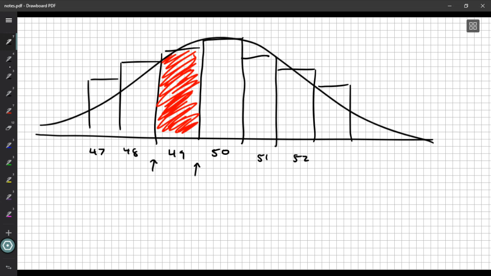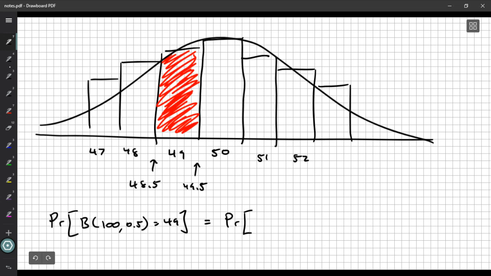And so we can see the shaded area starts halfway between 48 and 49, and ends halfway between 49 and 50. So the probability in terms of the discrete random variable that we would like to calculate now becomes the probability in terms of, let's say, x, or to keep it more in line with what we learned in the lesson, we'll say y.